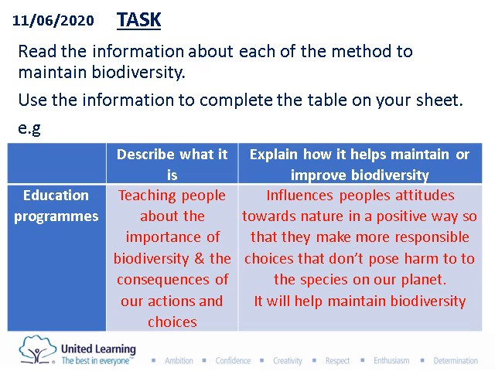So in the describe what it is box, you just say what is it, really straightforward. So it's teaching people about the importance of biodiversity and the consequences of our own action. And then you need to link that to how does that help improve biodiversity. It changes their attitudes, they're less likely to engage in behaviours that would impact biodiversity, for example.